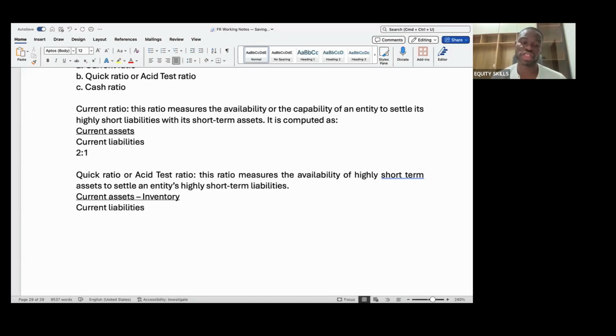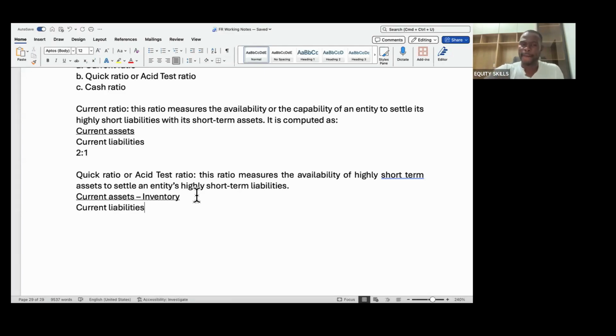So conventionally, this is the formula. But the idea of quick ratio is that we are removing any short-term asset that cannot be easily converted to cash, which goes to show that even within your current assets, if there are other assets that you know you cannot easily convert to cash, like prepayment, for example, in real life, we will remove prepayment because it's not something you can use to settle liability.